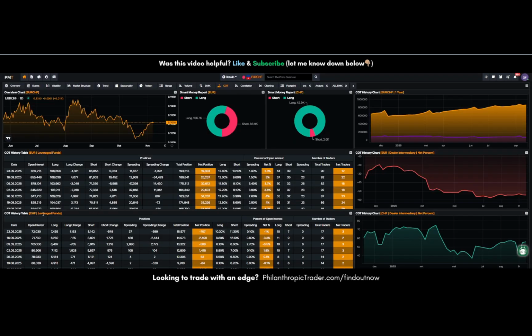So that's why I rather take a look at the leverage funds instead of the asset managers, because these are the big guys. They also hedge a lot, right? So this is in my opinion the best one to choose.